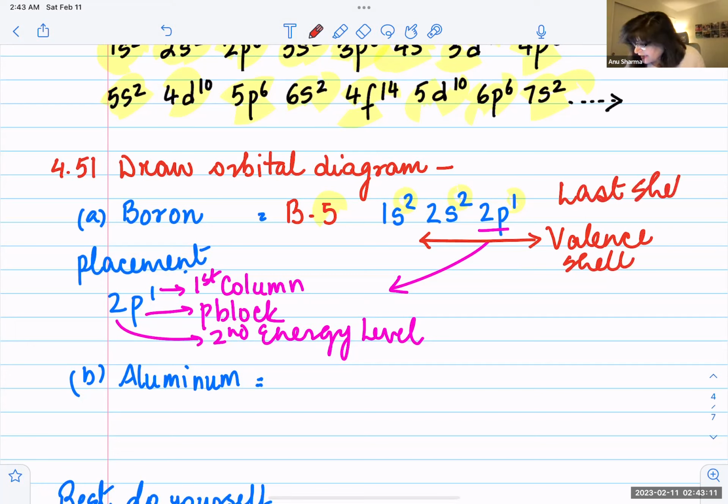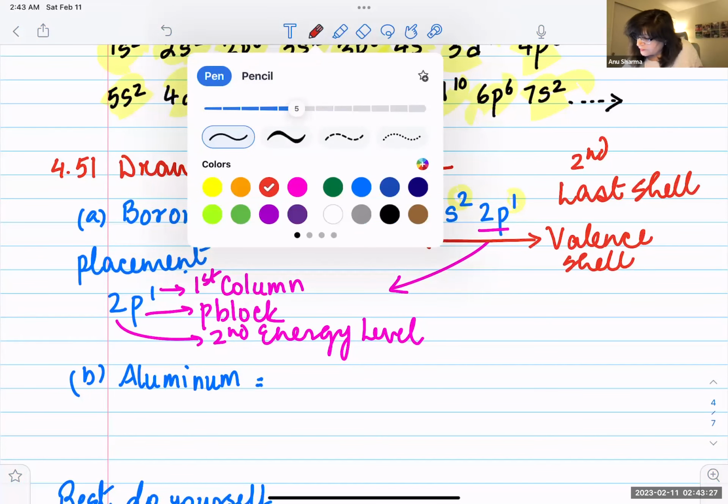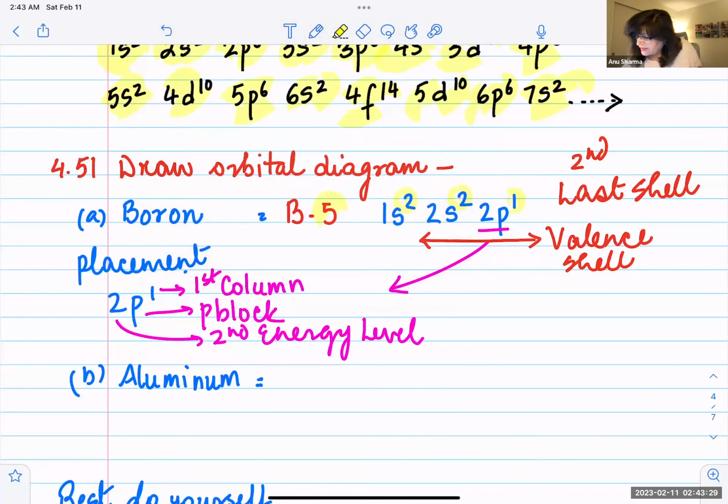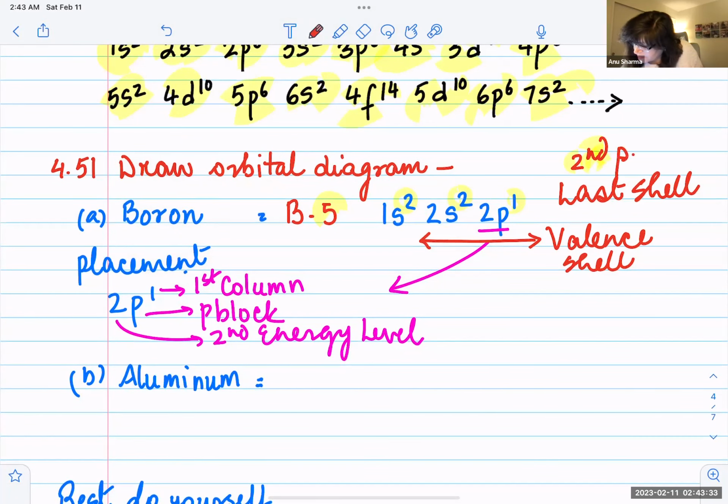So the last shell is the last energy level, and that last energy level is the second period, or second energy level. Or let me just put it this way, that n is equal to 2. So second means this is the second period, n is equal to 2. Okay, so p1, as we talked about, the p block, first column.